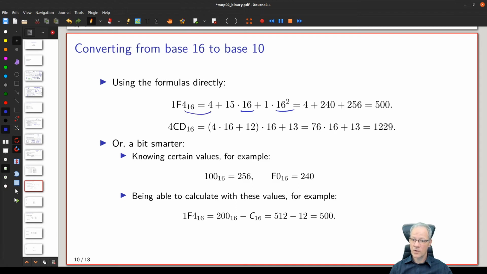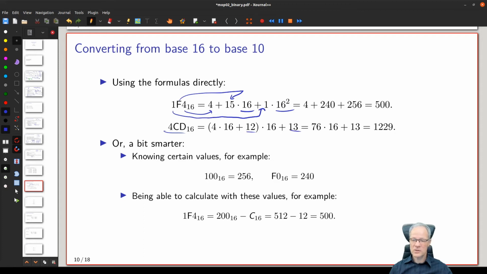So we write 4 goes here, F is 15 goes here, and this one goes over here. Then we add things up and we get the actual value, right? If we have a bigger number, C and D, C would be 12 and D would be 13. So again, we can calculate this value, right?